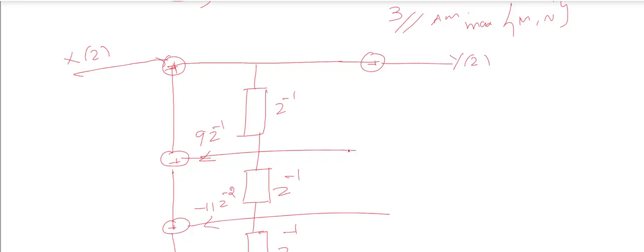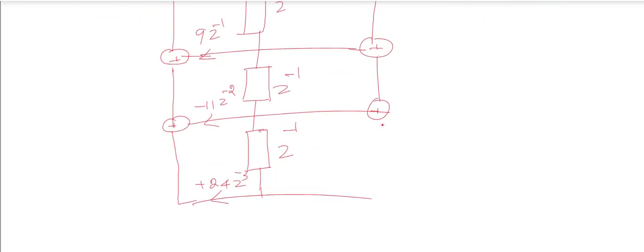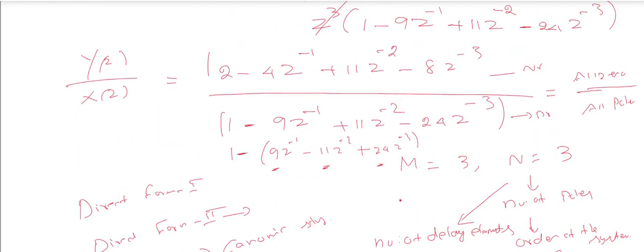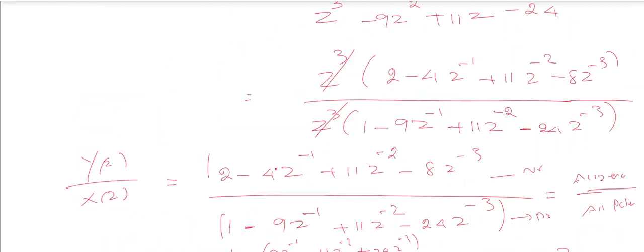So what are the coefficients for the zeros? What are the numerator polynomial coefficients? The zeros are 2, minus 4, 11, minus 8.